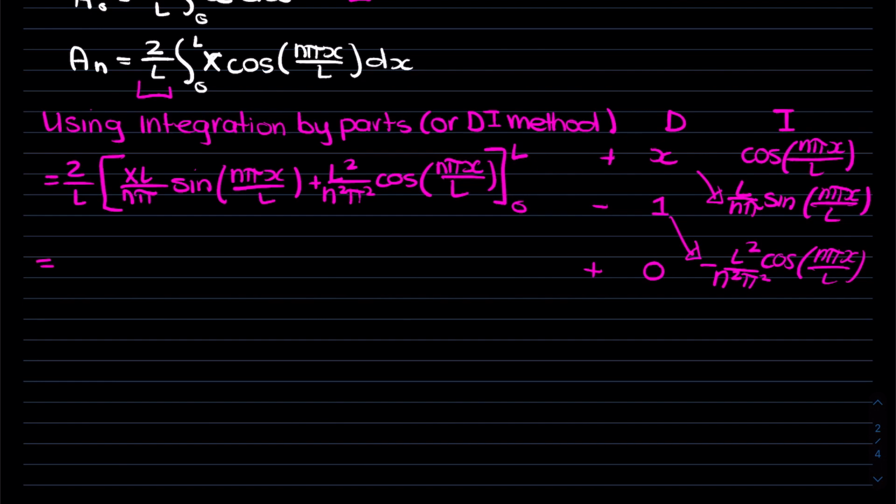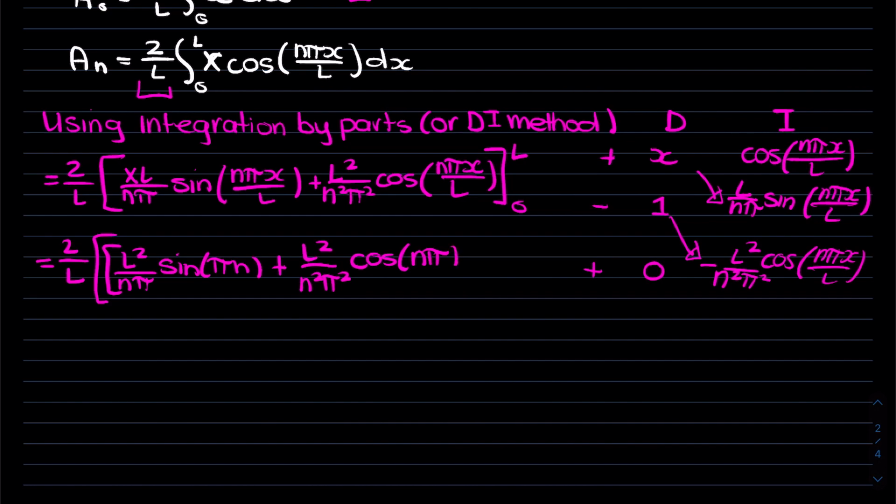Further working, simplifying, what do we end up with? L squared over n pi sine pi n plus L squared over n squared pi squared cosine n pi, and that's going to be minus L squared over n squared pi squared.